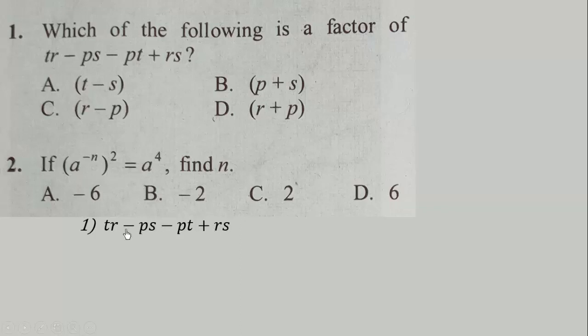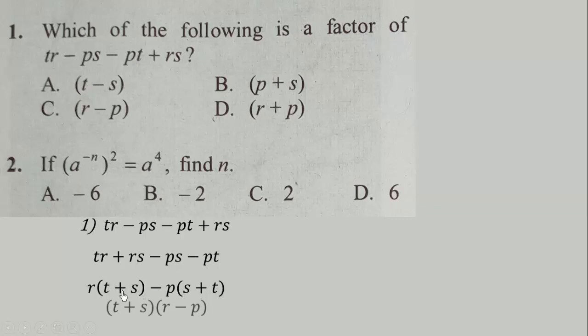So we group the terms containing the R and the ones containing the P, to obtain this expression over here. Now we need to factor. So we factor R from here to get R into T plus S, and factor negative P, then we get negative P into S plus T. Remember, S plus T is the same as T plus S, so we factor T plus S out.